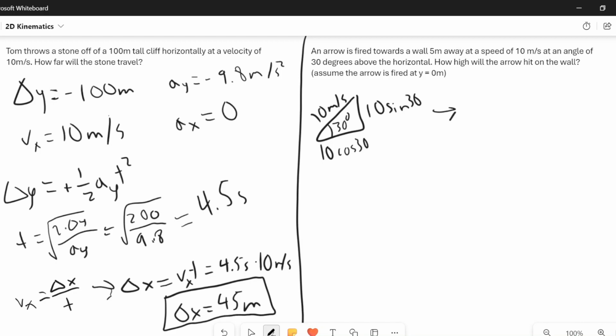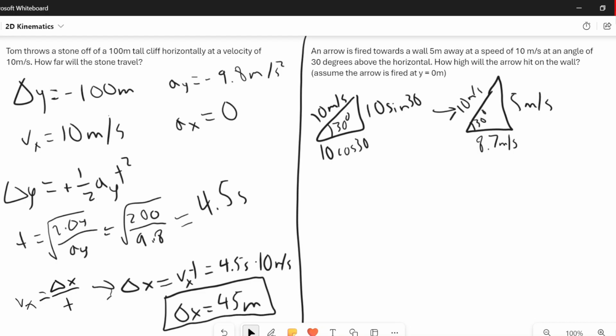Okay, 10 meters per second, 30 degrees. Now the velocity in the x direction should be roughly 8.7 meters per second, and in the y direction, it should be 5 meters per second, roughly.